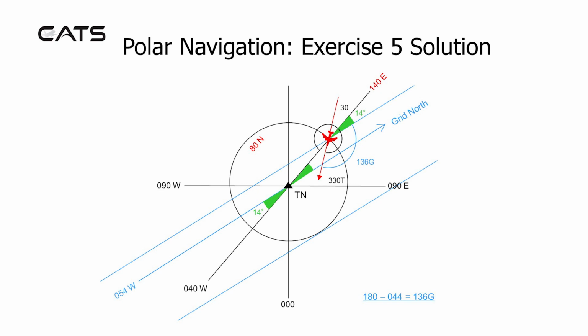There's 14 degrees between the angle 040 and 054 west, which can be transferred to where the aircraft is present. By final calculation, we'll end up seeing a grid heading measured from grid north of 136.